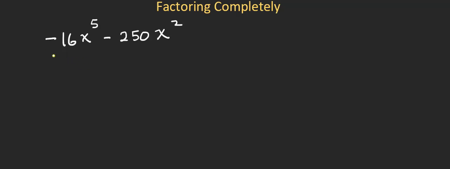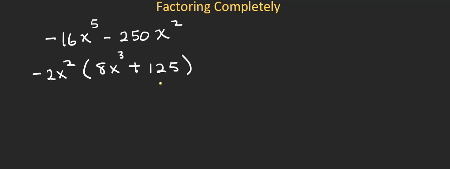Now we have negative 16x to the 5th minus 250x squared. What is the GCF? Well, let's take out negative 2x squared. And what do we get? 8x cubed plus 125.